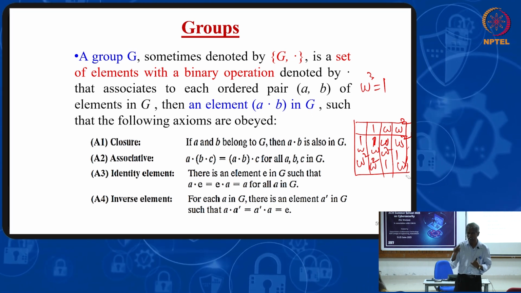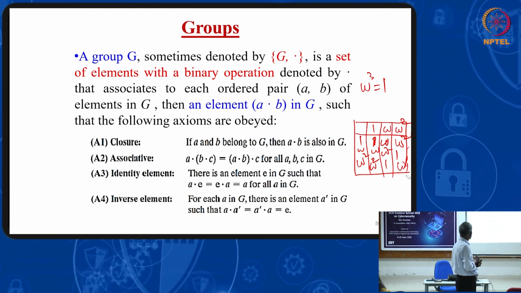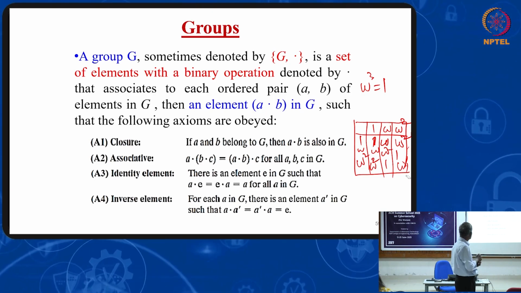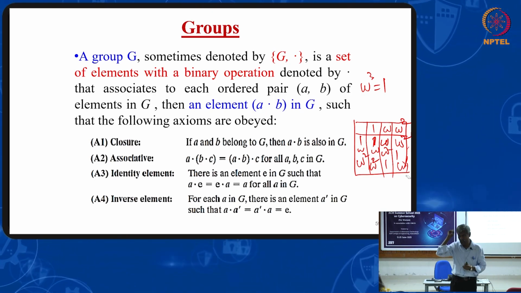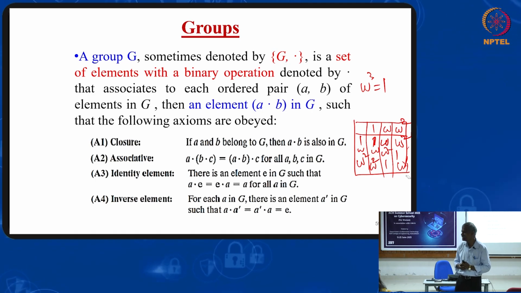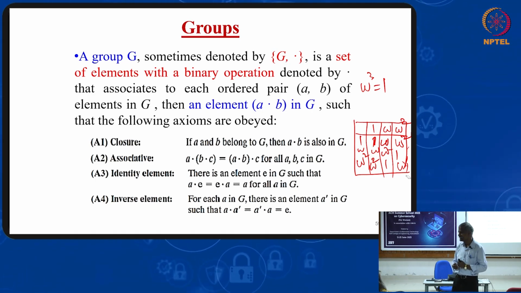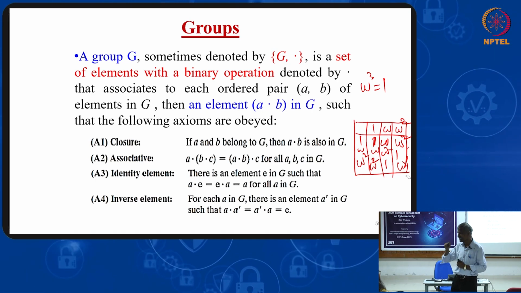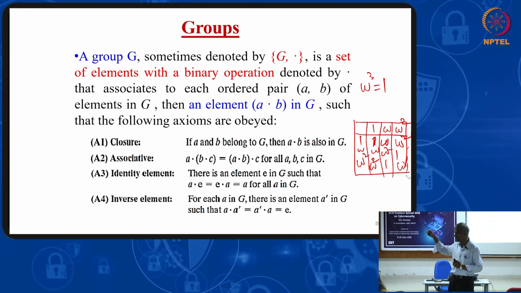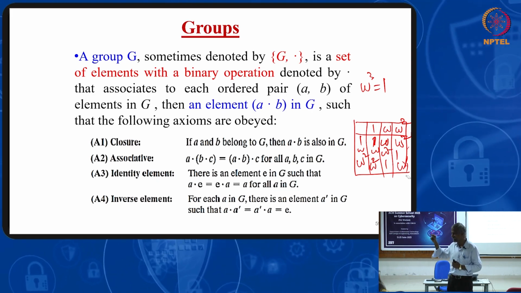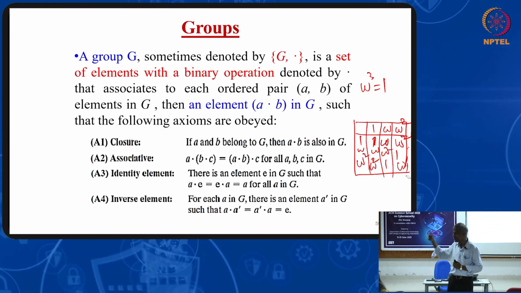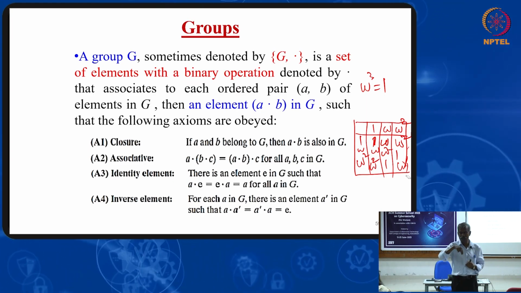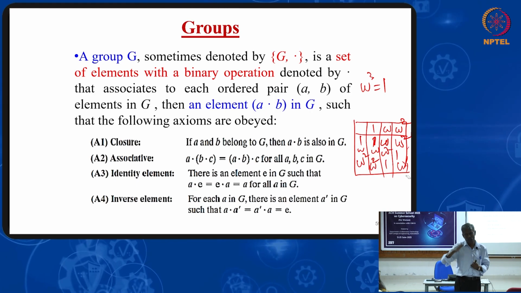What is the inverse of omega? Omega into something gives 1. 1 by omega is equal to omega square. The reason is omega into omega square equals 1. That means the inverse of omega is omega square. The inverse of omega square is omega.